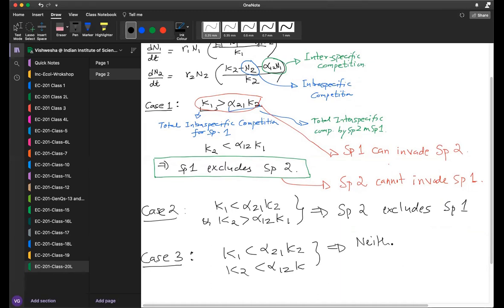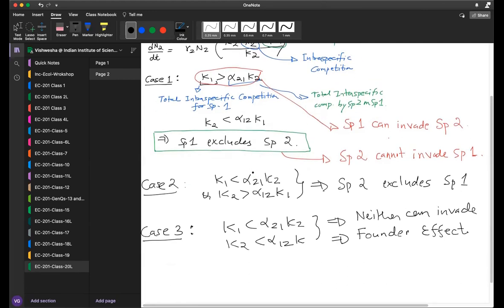Neither can invade the other, which means that we have a founder effect. So the initial founding population size determines the outcome. If the initial population of species 1 is higher, exactly by how much will depend on all these parameter values, but there is some separation between the two. So depending on the population size, one of them will now win.